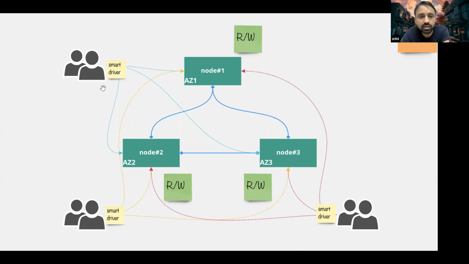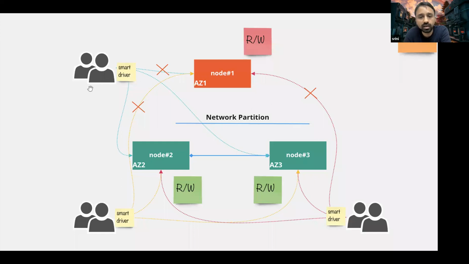And at the same time, if we look at the same failure scenario, if there is a network partition and node one is no longer connected to the cluster, then the smart driver would detect that failure, and then it would automatically reinitiate that invalidated physical transaction to one of the surviving nodes in the cluster, right?